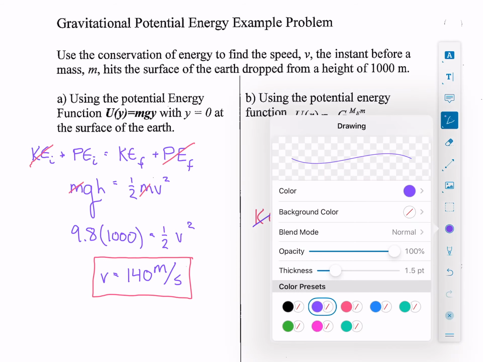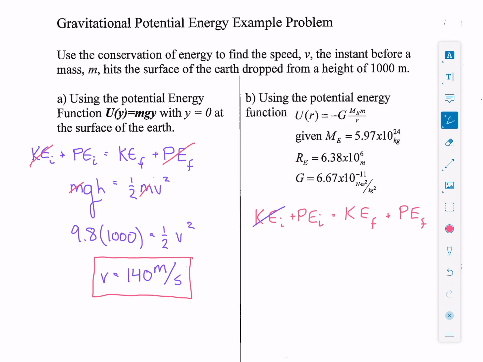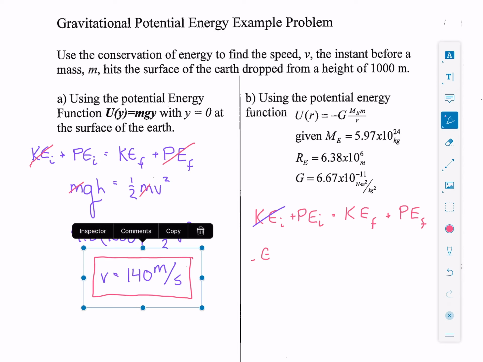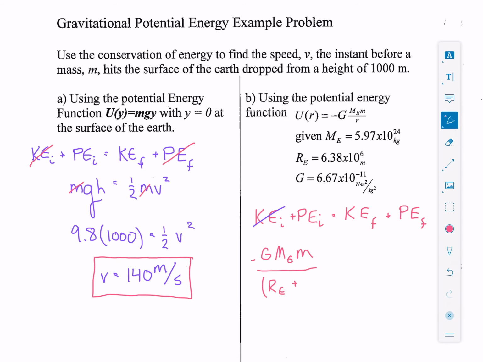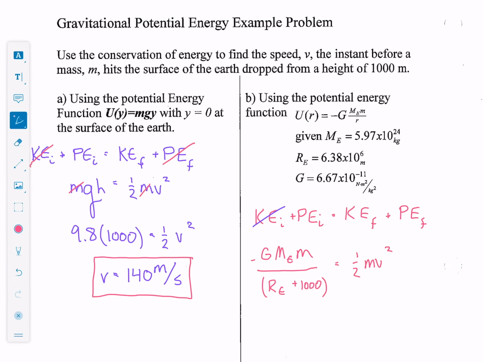So what we can say is that we're starting with negative G, mass of the Earth, mass of the object, at a height of the radius of the Earth plus 1,000. That's going to equal 1/2 mv squared, and we're ending with the potential energy, well, it's plus negative.